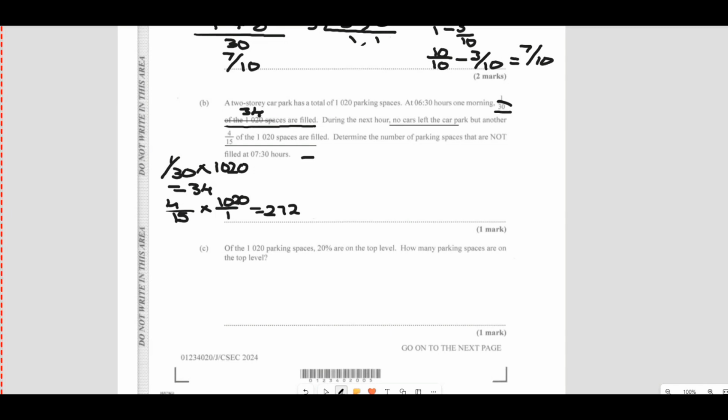So we could say total filled would be 34 plus 272, right? That's 306. So if 306 parking spaces are filled, then not filled, that's what they're asking for.